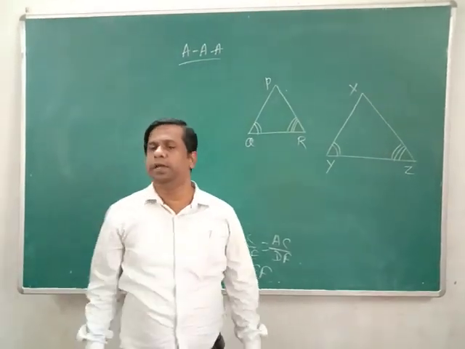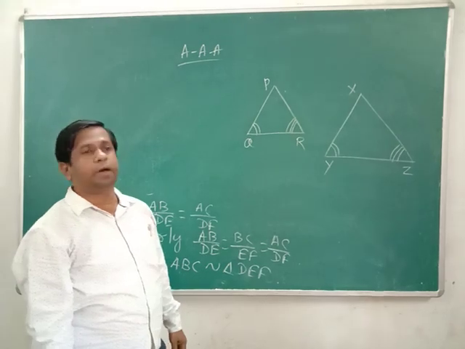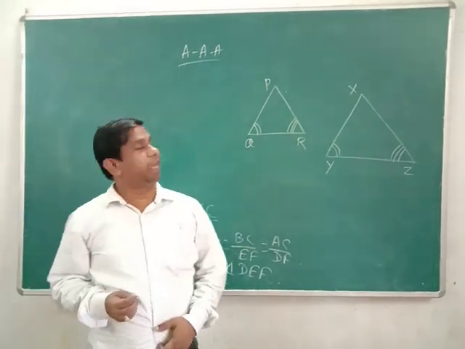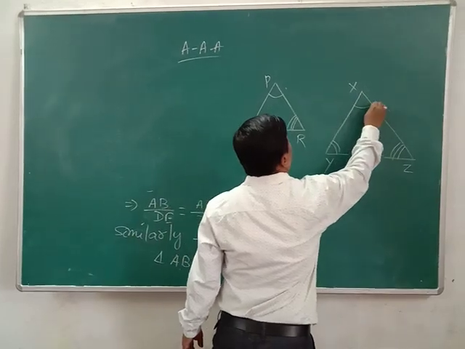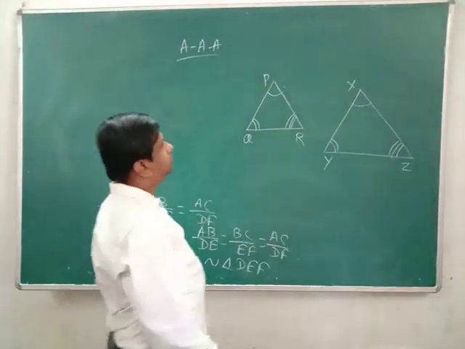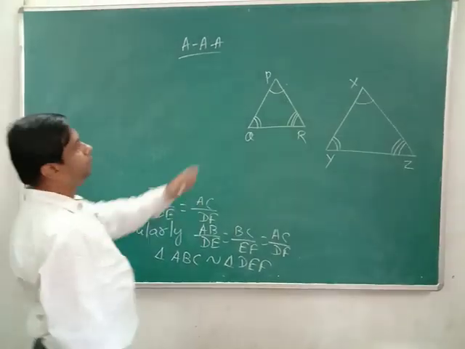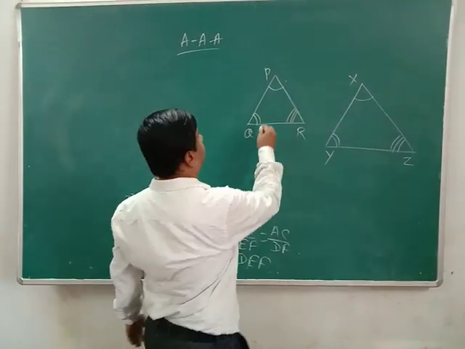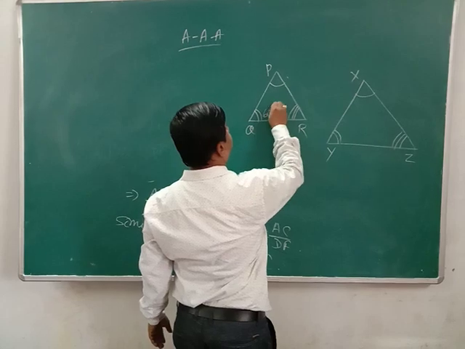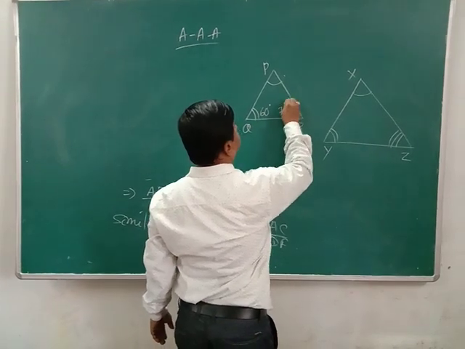Yes, automatically. By the angle sum property, angle P will automatically be equal to angle X. For example, suppose this is 60 degrees and this is 70 degrees.